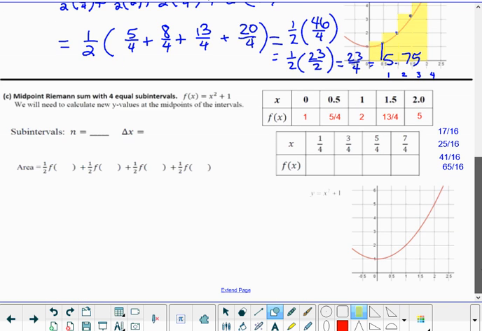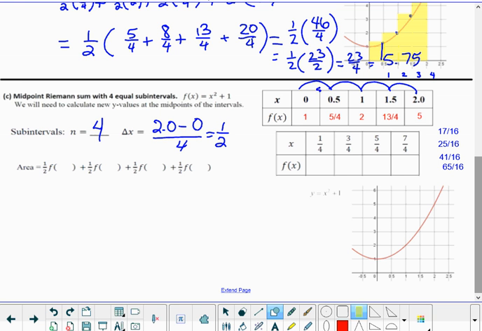All right, then we come in with midpoint, and I'm going to make us do the midpoint with 4 subintervals this time, just to show you how it's a little bit more complicated when we've got to go in between, because we're still working with 1/2 delta x values. So these are our main subintervals.